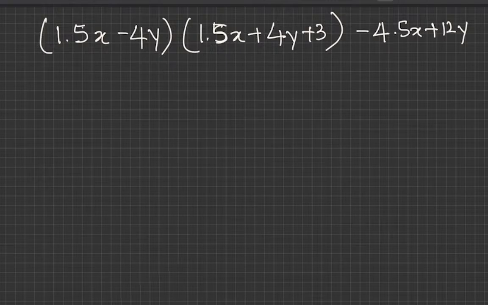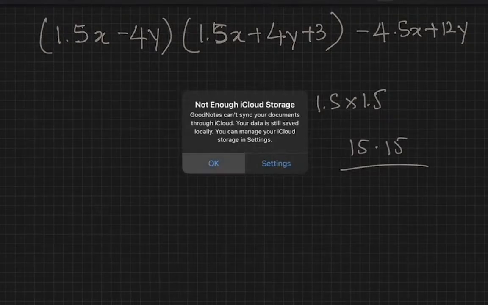In order to do this multiplication, 1.5 times 1.5, you can take 15 times 15, and then in the product, go from the right.